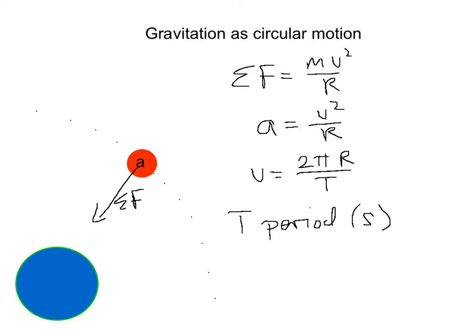Sometimes a satellite might be what we call a geostationary satellite, and a geostationary satellite has a period equal to 24 hours for Earth. So it stays stationary relative to the Earth. It's always over a particular location on the Earth.